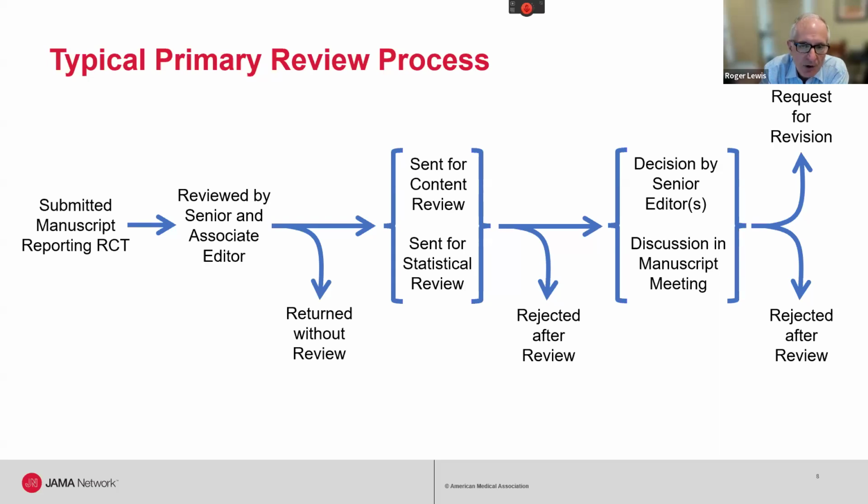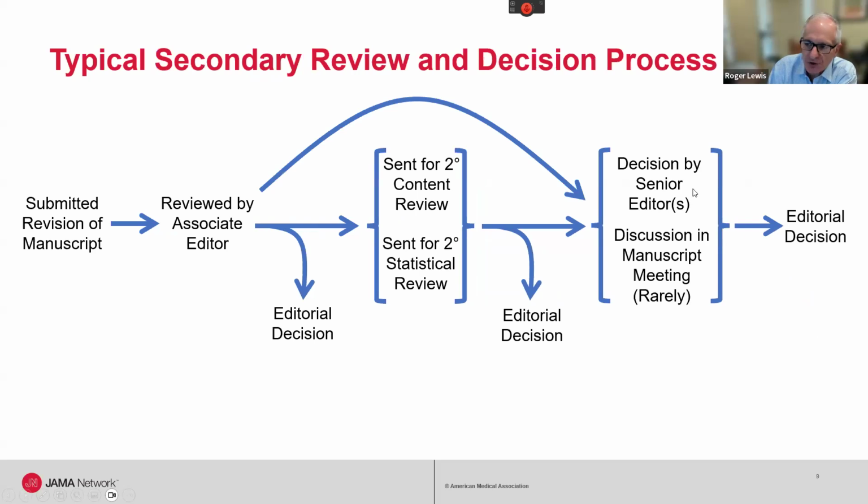So the primary decision point is the request for a revision. I should say that the information sent to you when the revision is requested includes input from everybody who's involved in manuscript meeting, meaning if people made points there, they get captured and incorporated. So you're getting the wisdom of the group, if you will.